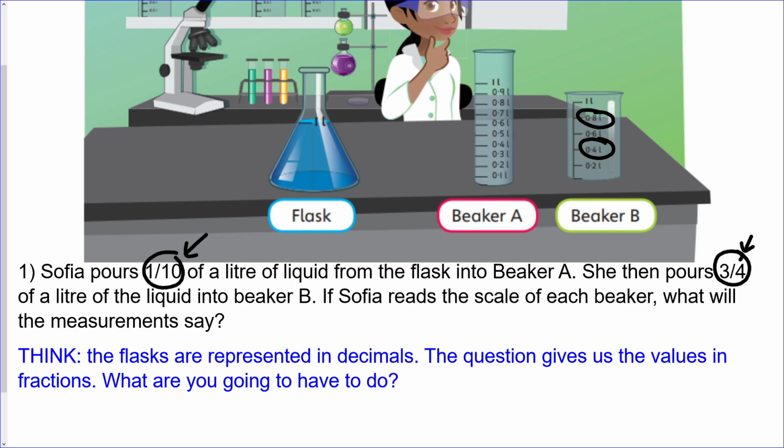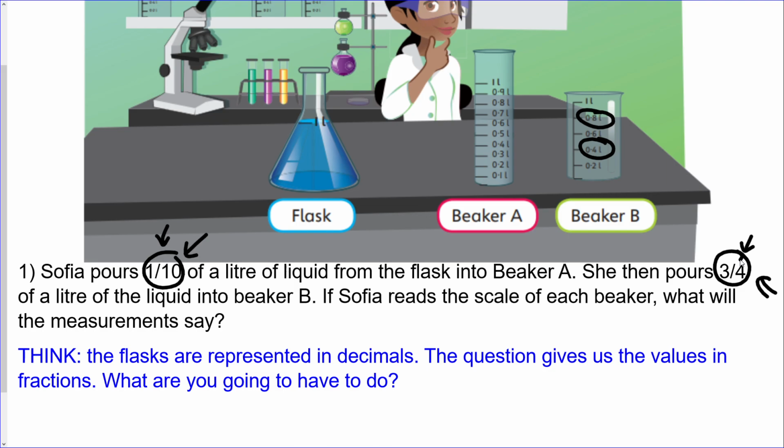So if we want to know what the amount on the beaker will show, we are going to have to convert our fractions, 1 and fraction 2, into decimals. And that will tell us what each beaker will say. So can you have a go now at pausing this video and converting 1/10 and 3/4 into decimals, please? So pause the video now to do that.